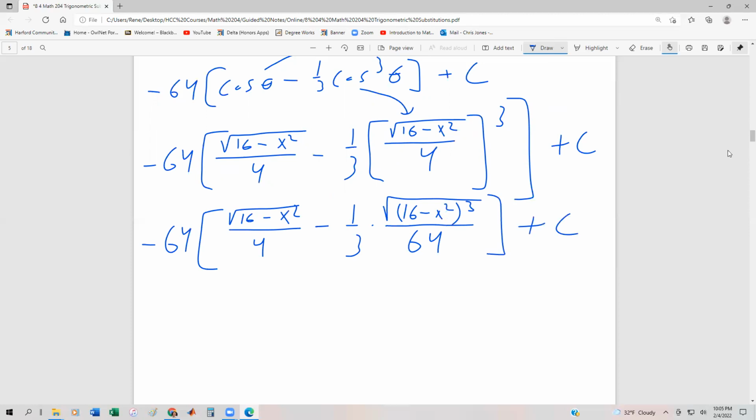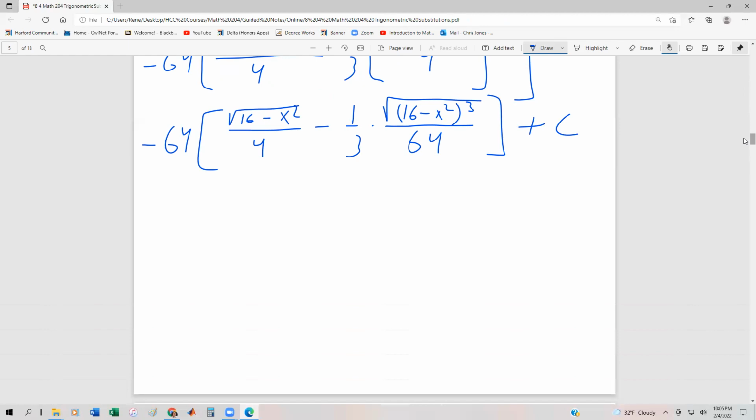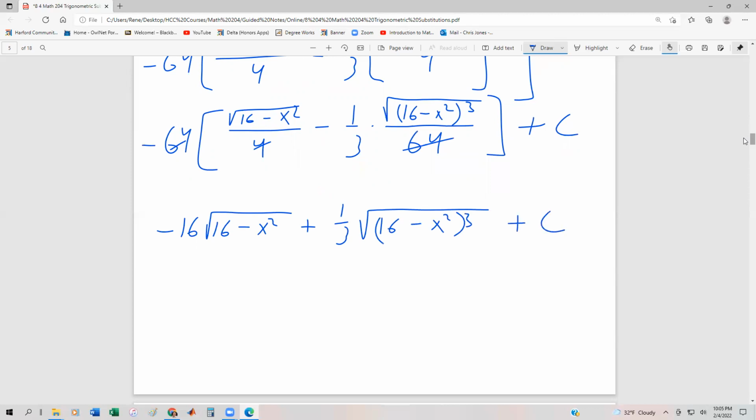So one answer we get when we distribute that 64 through is negative 16 times the square root of 16 minus x squared, and then that's going to cancel with this 4. And then the 64 and this 64 are going to cancel out. We're going to get a plus there. So we end up with 1/3 the square root of 16 minus x squared, cubed, plus c. And that's certainly one answer we can get.